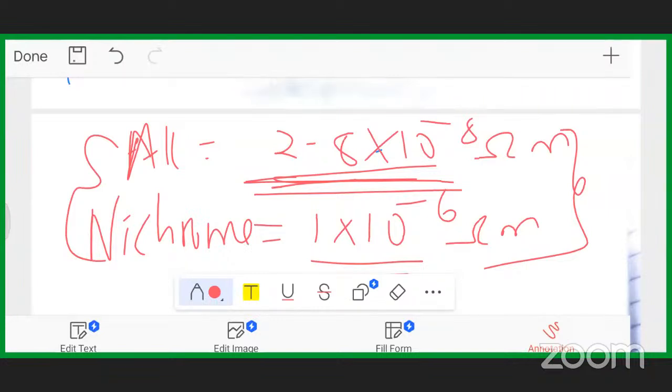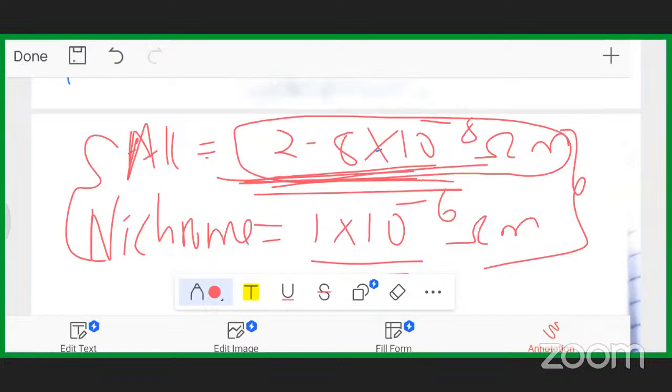So I say that the bigger the resistivity, the smaller the conductivity, and the smaller the resistivity, the bigger the conductivity. So aluminium has a very, very small value of resistivity, hence it is a very good conductor. If you are to get the value of its conductivity, you simply need to take the reciprocal, and you can calculate that if you have the time.